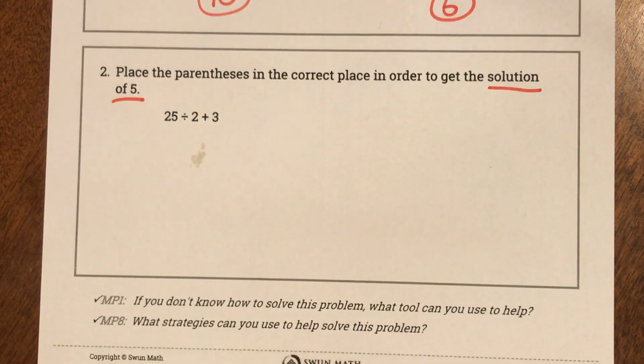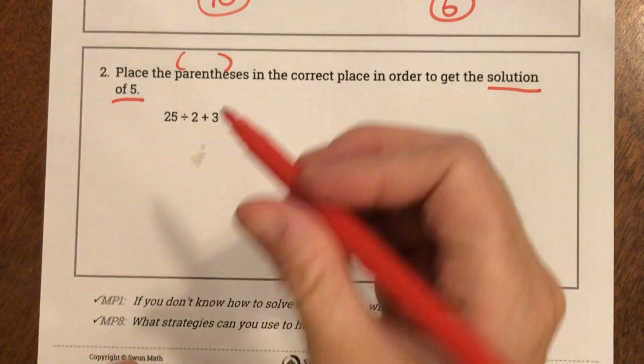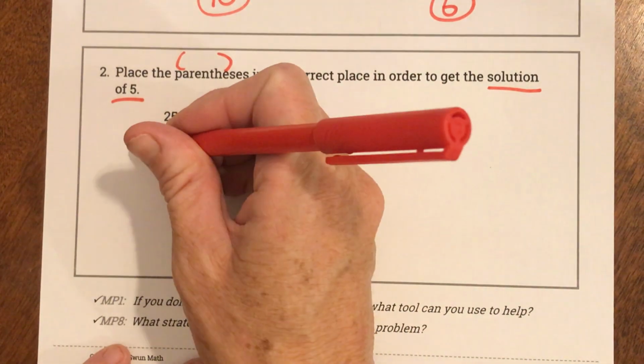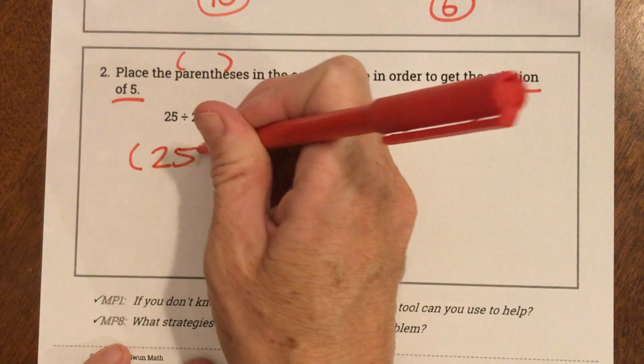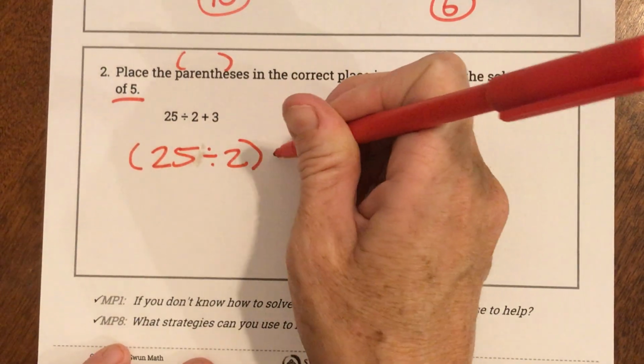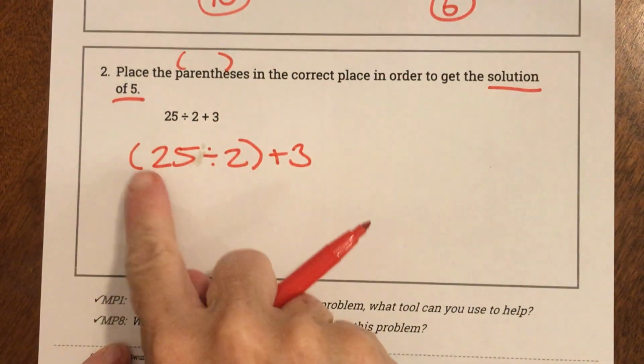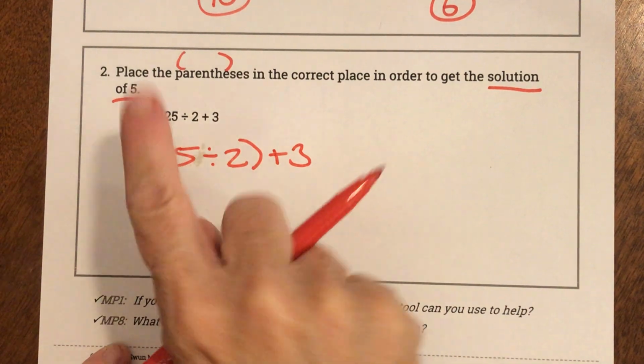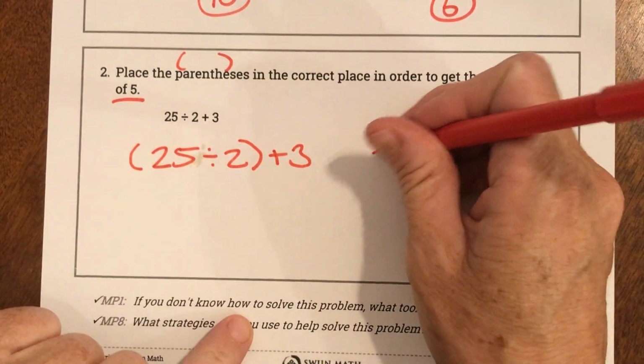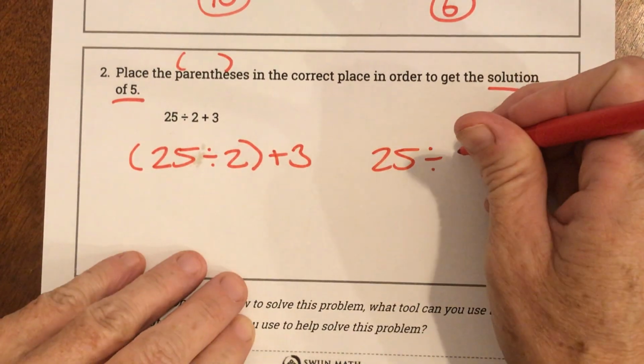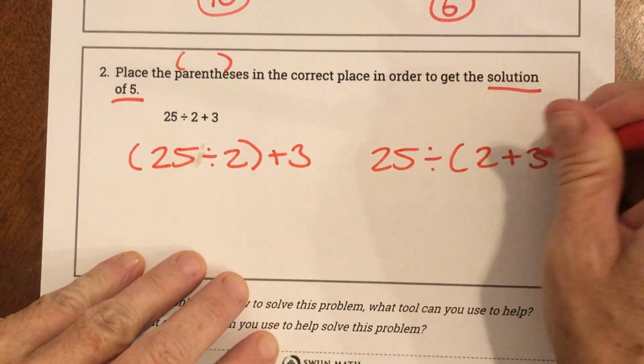Okay, and they want me to put some parentheses somewhere. Okay, so I don't have a lot of options of where I can put it. So I could put it here and say 25 divided by 2 plus 3. That's one option. Or I could put it on the second set and say 25 divided by 2 plus 3.